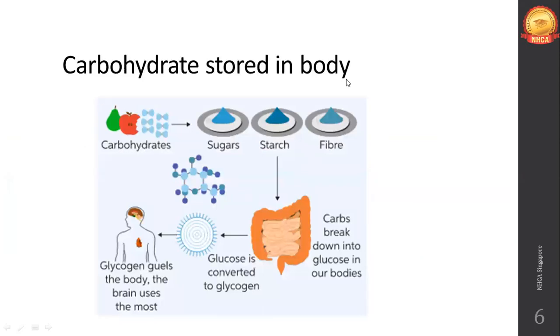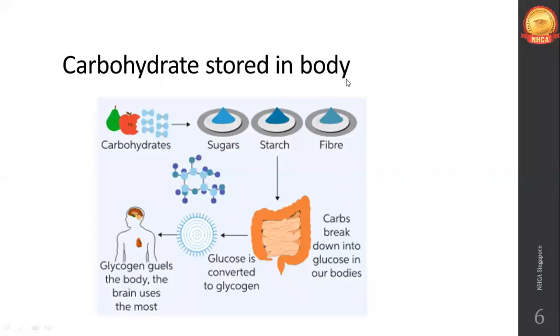So, how does the body store carbohydrates? When you have carbohydrate-rich food, it goes into your stomach. Only some part of the carbohydrates can be absorbed, like the simple sugars, but the remaining part, the complex carbohydrates, has to undergo digestion at the intestine.